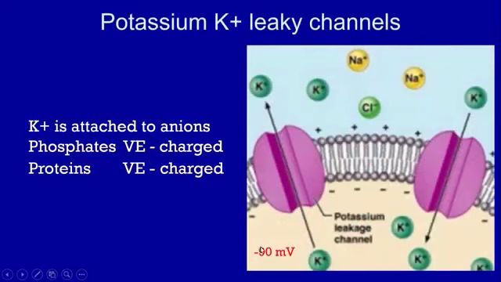The other mechanism is the potassium leaky channel. When the sodium influx occurs inside the cell, the negativity is converted to positivity. So the potassium, this is a leaky potassium channel, and it allows leakage of potassium from intracellular fluid to the extracellular fluid. This movement of potassium from inside to the outside brings the inside negativity to minus 90.